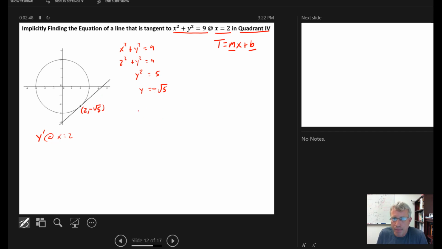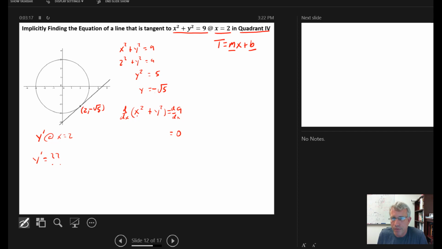So I'm going to take my x squared plus y squared equals 9. And because I need to know what y prime equals, I'm going to go ahead and take the derivative of both sides. So I'm going to take d dx of the left-hand side and d dx of the right-hand side. D dx of 9 is 0 because 9 is a constant. The derivative of a constant is 0.